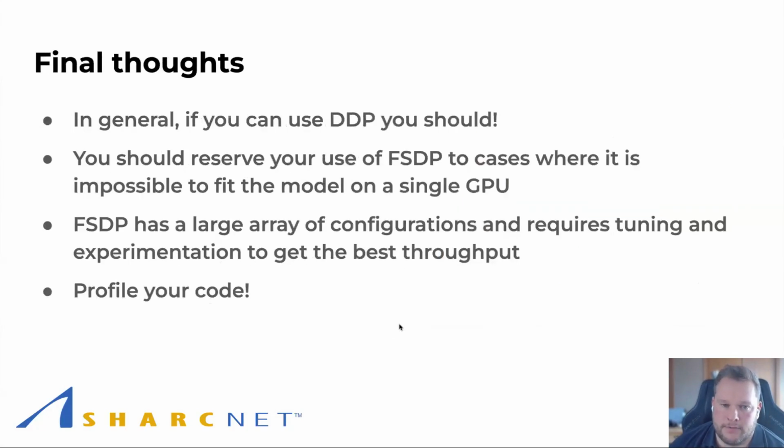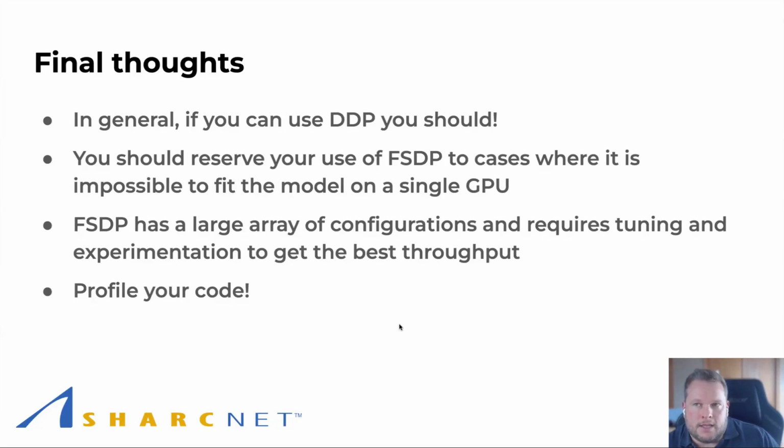Final thoughts here. In general, if you can use DDP, you should. The communication trade-off is too much for models that fit on a single GPU. You need models that expand out of that and can benefit from this memory crunching. You should reserve your use of FSDP for those cases where it's impossible to fit a model on a single GPU.